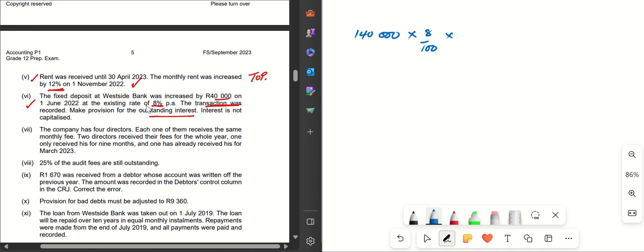But it changed on the 1st of June. So it means from the 1st of March until the 1st of June. Remember, once it's the 1st of June, we're not going to count June. So we're going to count from March, April, May. Let's count again.